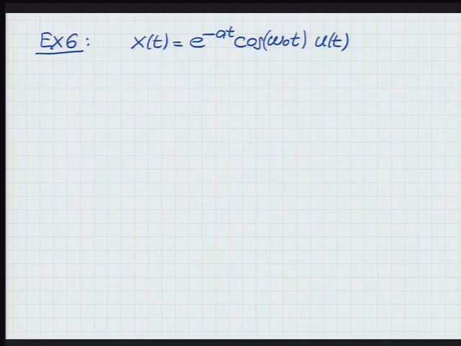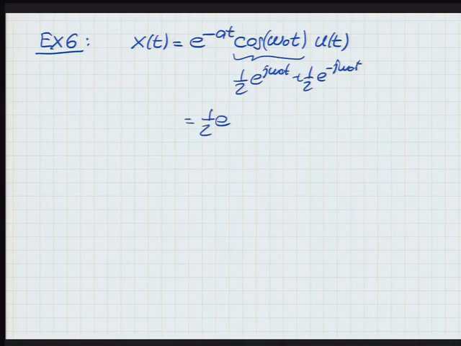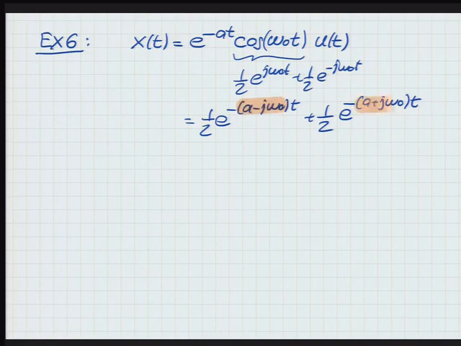So I write, as always, this to be 1 half e to the j omega naught t plus 1 half e to the negative j omega naught t. But then a adds on top of that. So I have 1 over 2 e to the negative a minus j omega naught t, and a plus j omega naught t. Now I apply example 4 twice with these two different values of alpha.